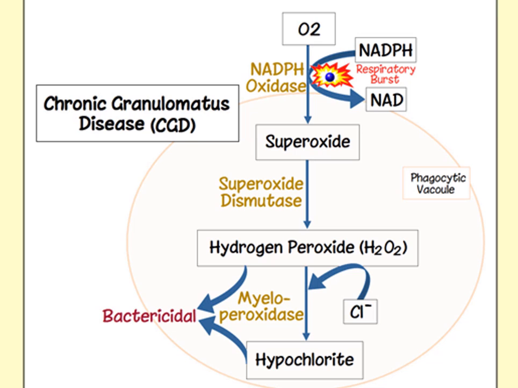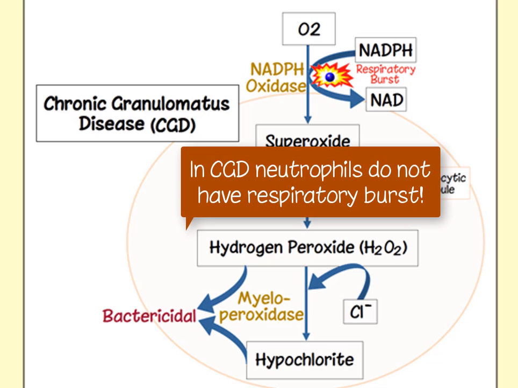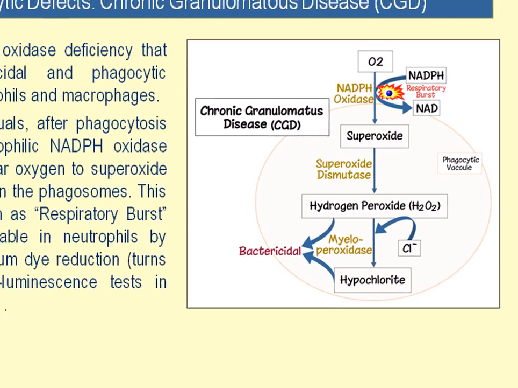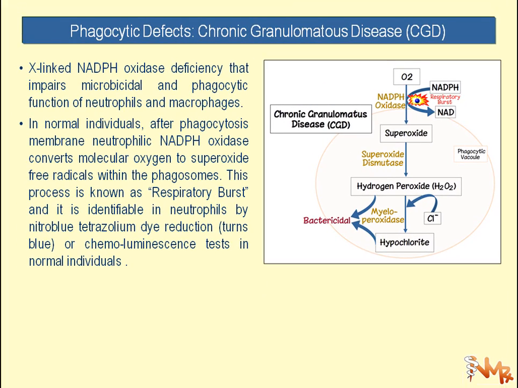In some books on pathology, you hear that they say that the CGD is due to failure of the respiratory burst. This is what it means. CGD patients have negative respiratory burst, therefore.